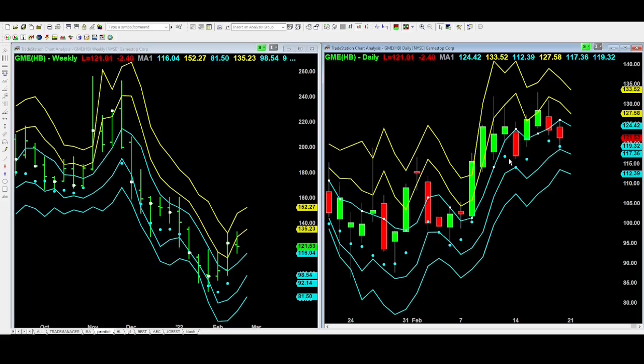The weekly maximum price for GME is $133.2, which is very close to the predicted maximum price for early next week, $135. I predicted $135 for early next week for GME.